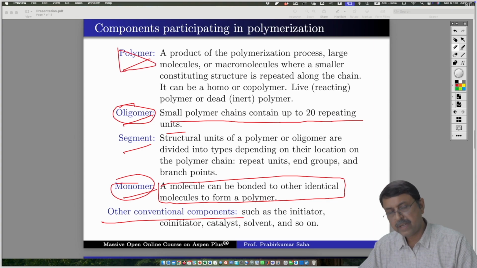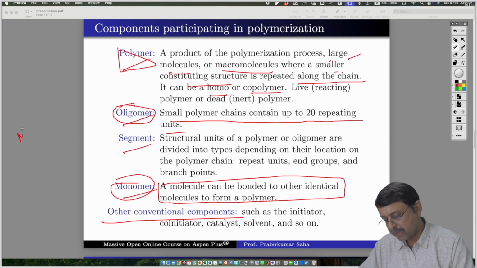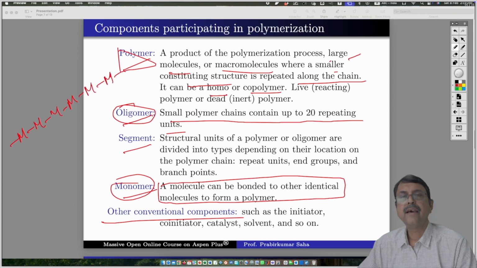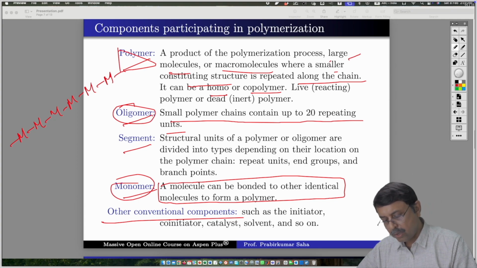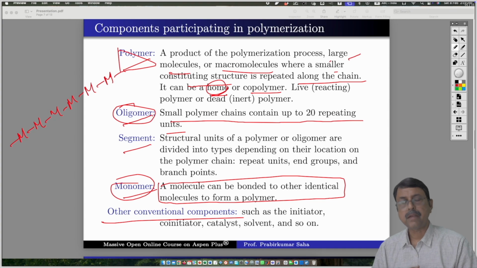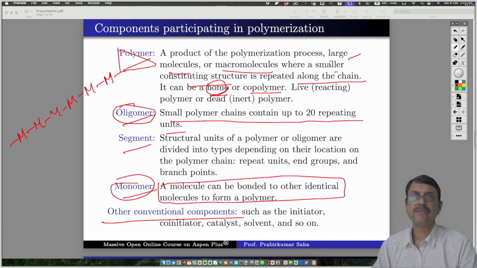And polymer, by definition, is a product of polymerization process that typically has large molecules or macromolecules, where a smaller constituting structure is repeated along the chain. It can be a homo or copolymer. Homopolymer means a single monomer is repeated. So this is a homopolymer chain where a repeating monomer is added. That means a single monomer is repeated in a chain to form a polymer. So that is called a homopolymer. Whereas copolymer means there may be two types of monomers.